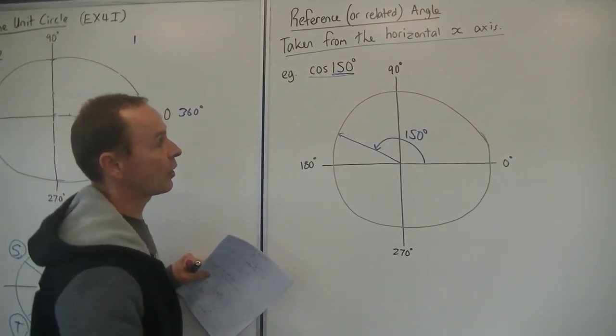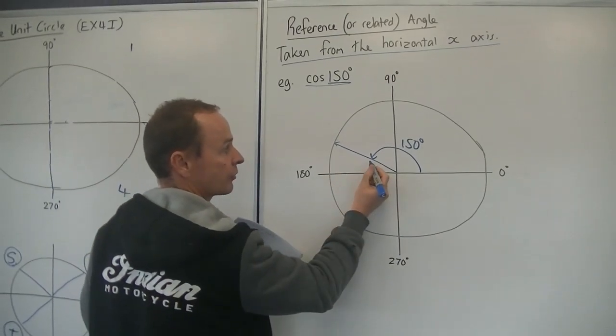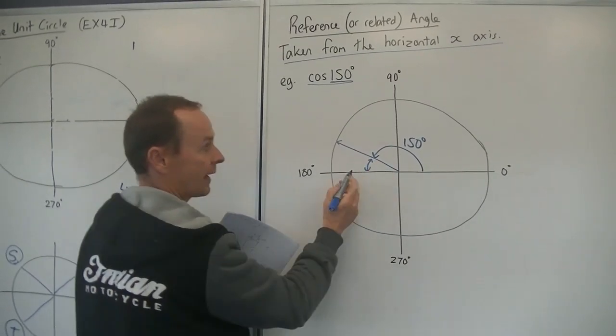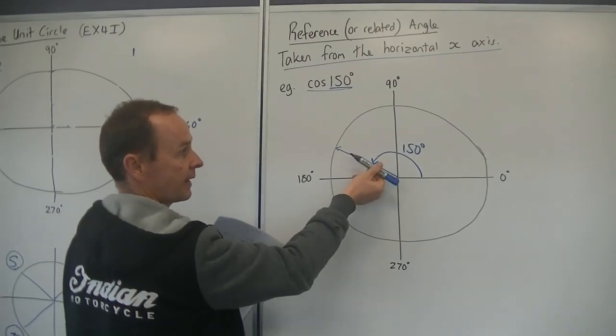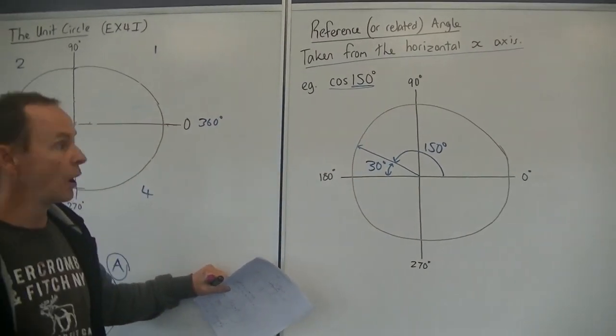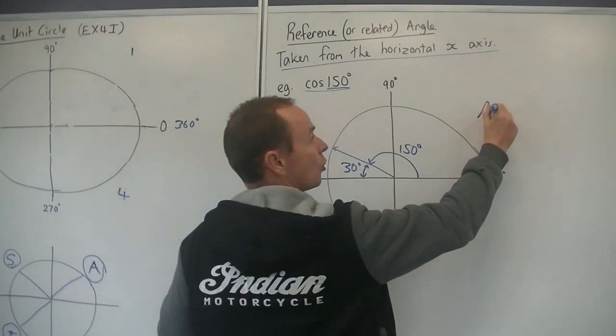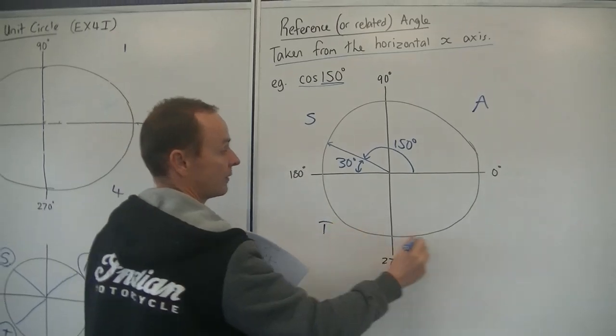Alrighty. Remember, to work out the reference angle, we always take it from the horizontal here. So we need to find out what that angle is. If that's 180 there, that's 150, I can work out that that angle is 30 degrees. Hopefully you understand that. And remember, all stops to city.